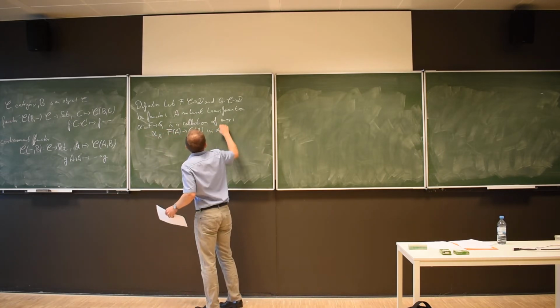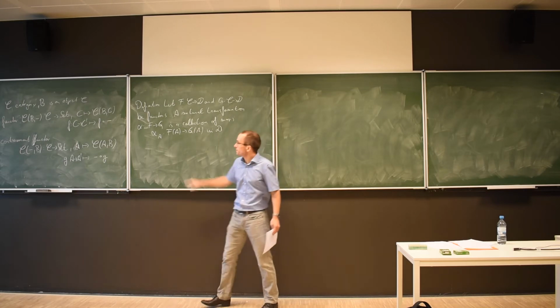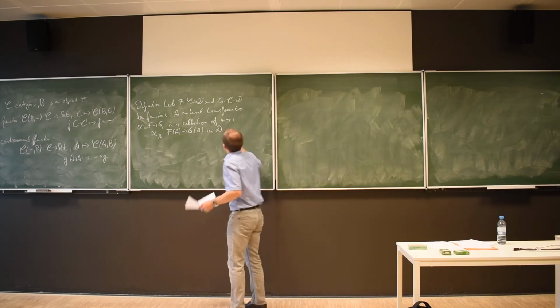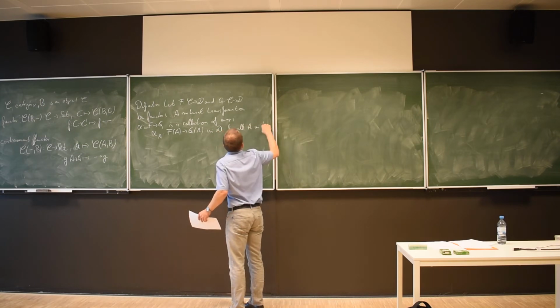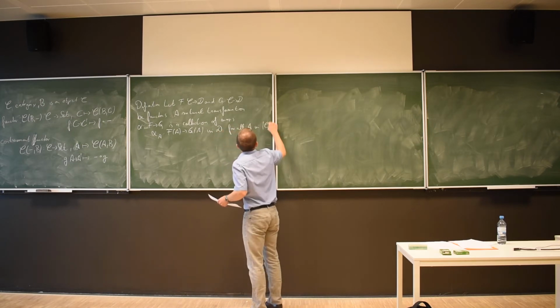These are maps in D, and we require to have such a map alpha_A for all objects A in our category C.